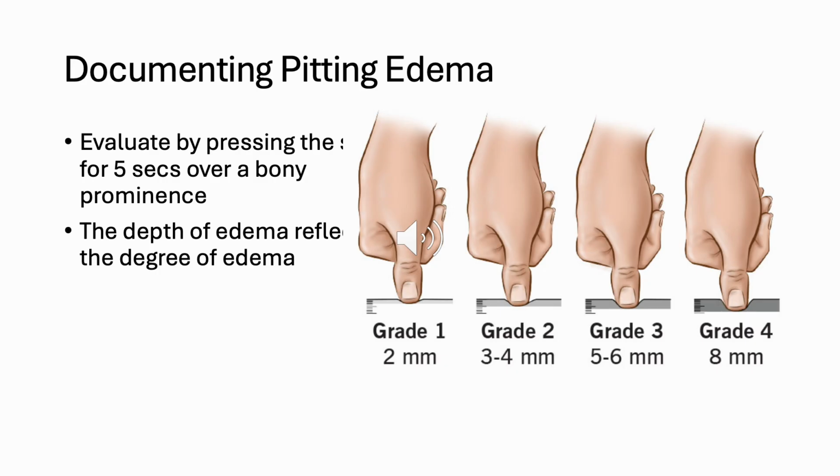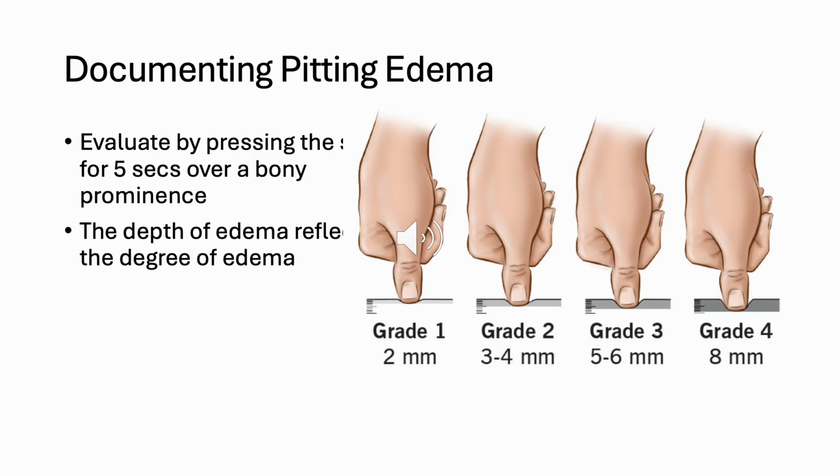Okay, you have to know the severity. Trace edema, pitting edema, and it'll be 2 millimeters. And it's a rapid skin response, meaning when I press the edema, it goes to 2 millimeters and it recoils rapidly.